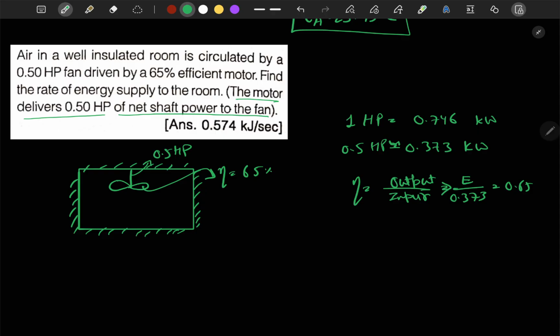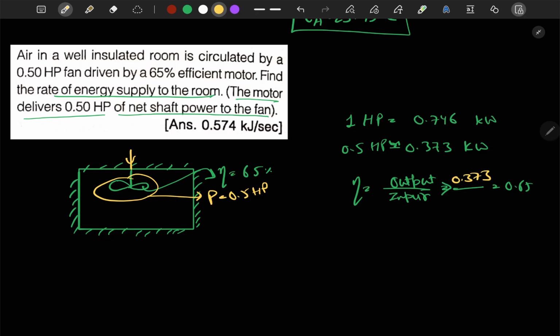Sorry, here it is written the rate of energy supplied to the room. This power is obtained at the shaft, so this will also be the blade power. So power here will be 0.5 HP. We will make some adjustments. The output here is 0.5 HP, that is 0.373 kilowatt, and the input energy is the energy supply rate to the room.